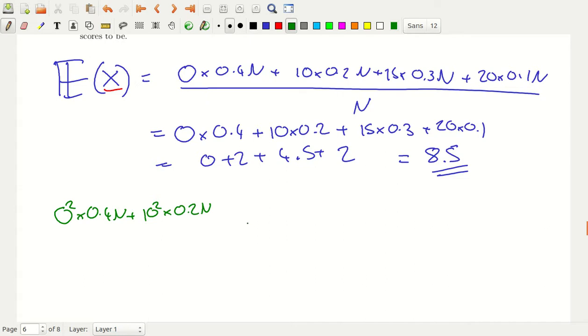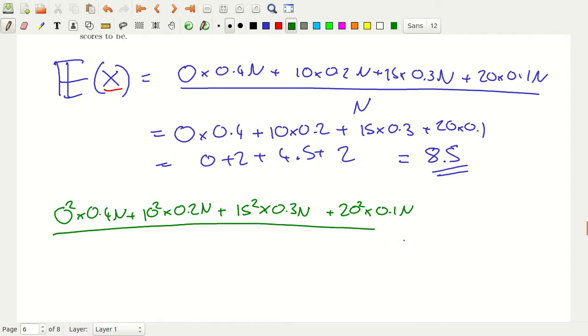That's the number of 10s we'd expect. We'd then expect 0.3n lots of 15, so 0.3n times 15 squared plus 20 squared times the number of 20s we'd expect to be 0.1n. Divide all that by n and subtract the mean squared. I should write that's the variance of capital X.